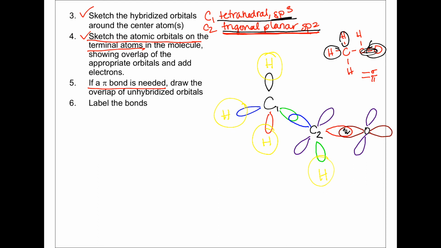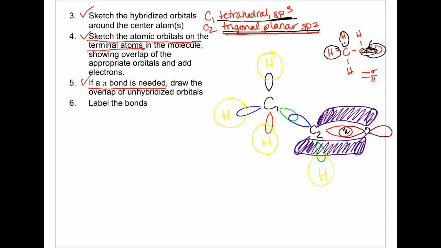That's why labeling our last step is so important, because no matter how messy your drawing is, a label can go pretty far to show what you're trying to say. Okay, so this is my pi bond here, and I know that it's going to obscure my carbon hydrogen bond there a little bit, but I'll label it when I'm done to make sure.